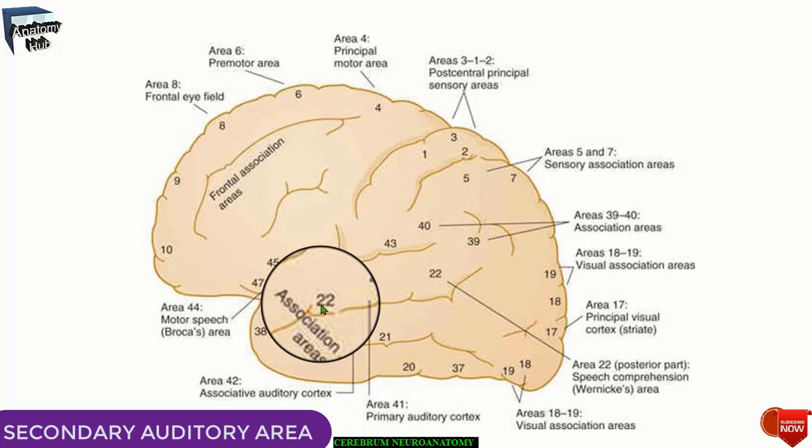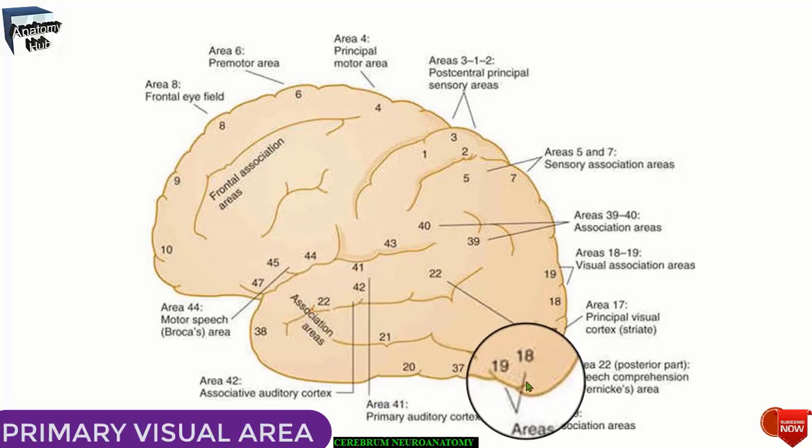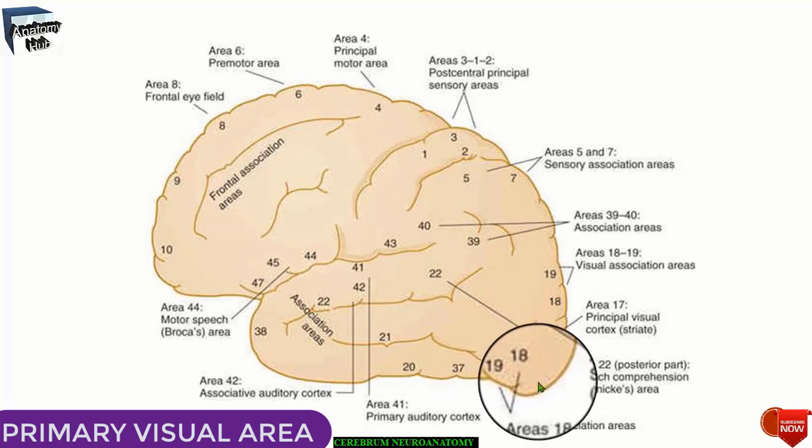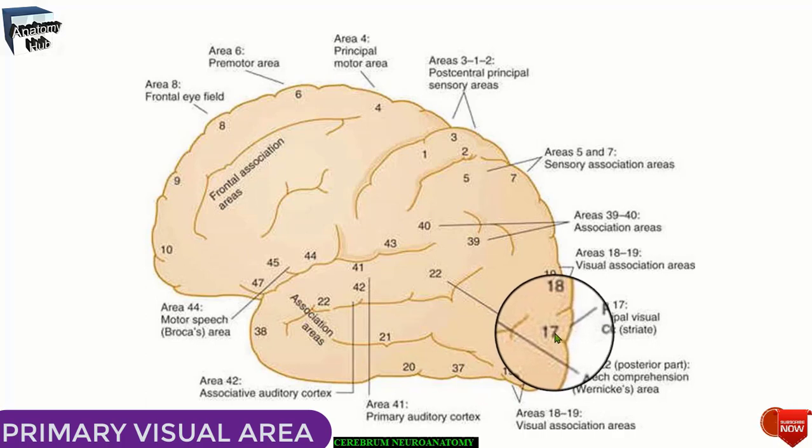Then come to the occipital lobe. Here, among the functional areas in the occipital lobe, you will find the Brodmann's area 17, that is the principal visual cortex area. This primary visual area is situated in the wall and floor of the posterior part of the calcarine sulcus, you can say the post calcarine sulcus, and may extend around the occipital pole on the superolateral surface of the hemisphere.